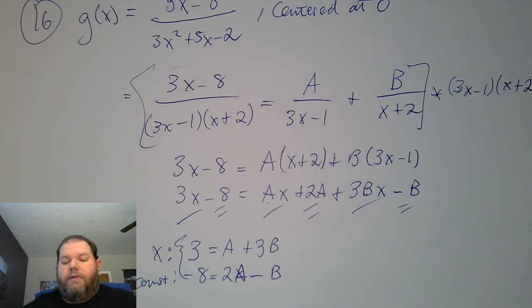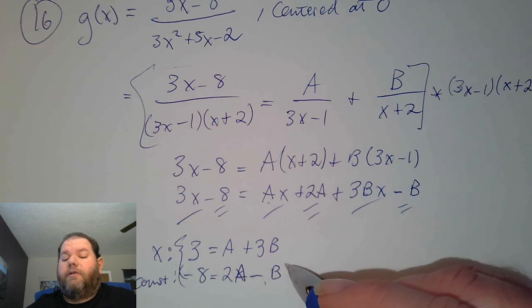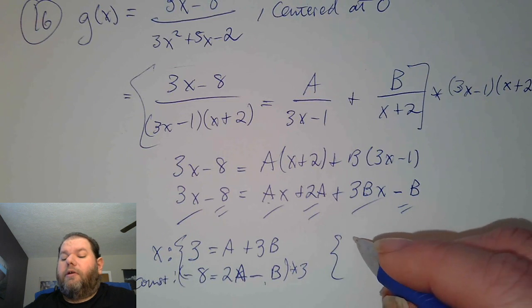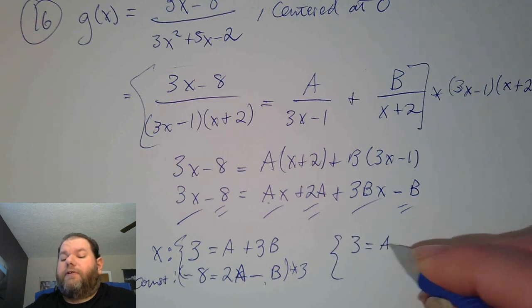This is the system of equations that we would like to solve. Now, there's two ways we can go about doing this. Use either substitution or elimination. Personally, I prefer elimination, because we can just multiply this equation by 3, for instance. First equation is the same still.